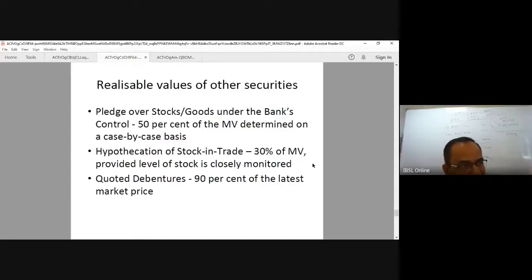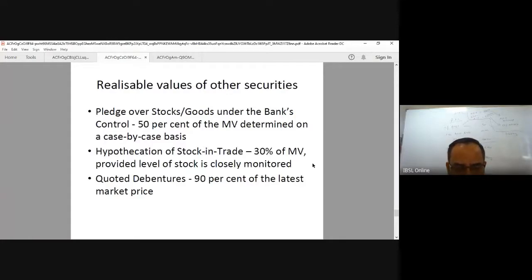By the time, for the old one, the customer should have deposited the money. But if he had taken it already, that should have come to the turnover. So that kind of control. Now that hardly happens. So if the bank has control over the stocks and goods of the customer, then of course 50% of the market value, case by case, can be taken as the realizable value.